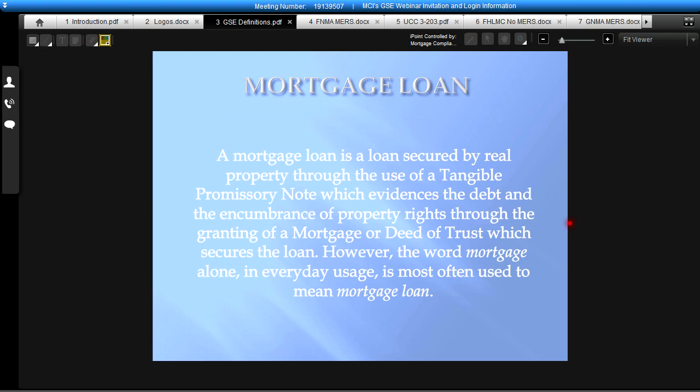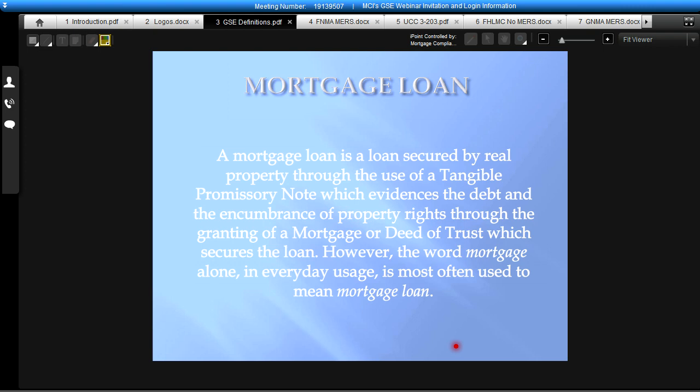However, the word mortgage alone in everyday usage is more often used to mean mortgage loan. And more than not, that is how it is used. When someone says, oh yes, my mortgage, they're talking about actually the mortgage loan.